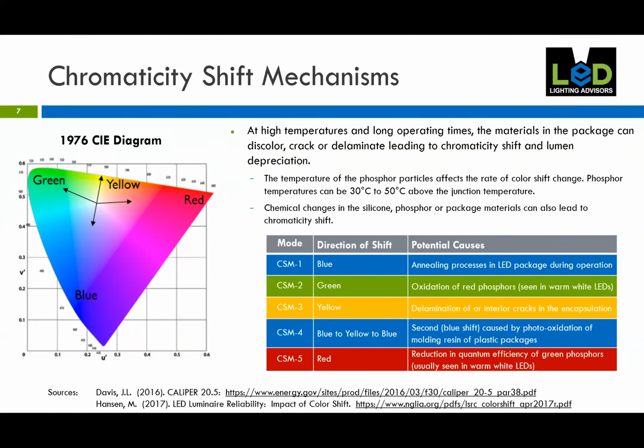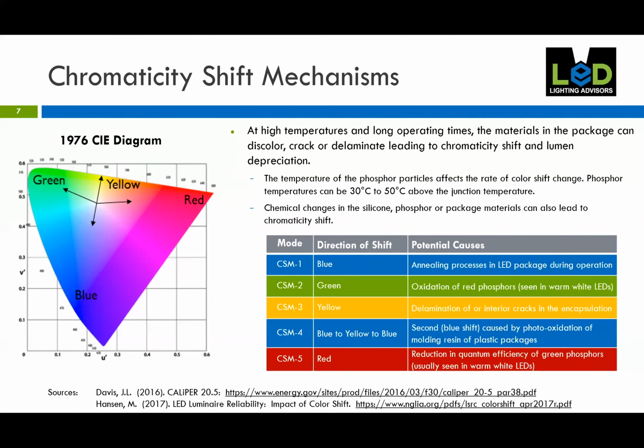CSM3 is a yellow shift, and this has been a known dominant chromaticity shift mechanism for many ceramic-based packages and is often caused by delamination of the yellow phosphor layer from the die. The CSM4 is a more complex mechanism that is observed in a lot of packages. It starts with a very initial short-term blue shift, which is then followed by a shift in the yellow direction.